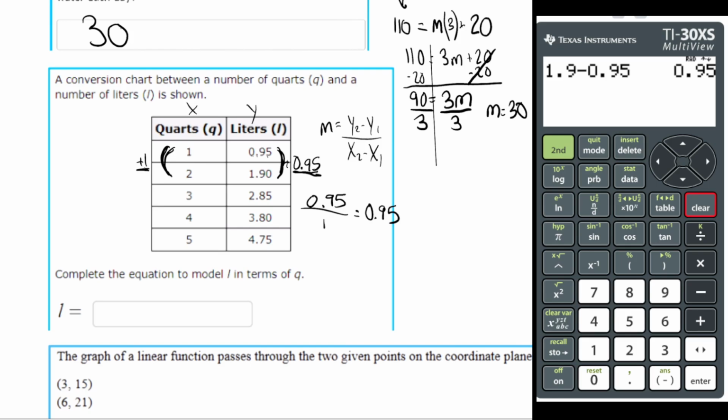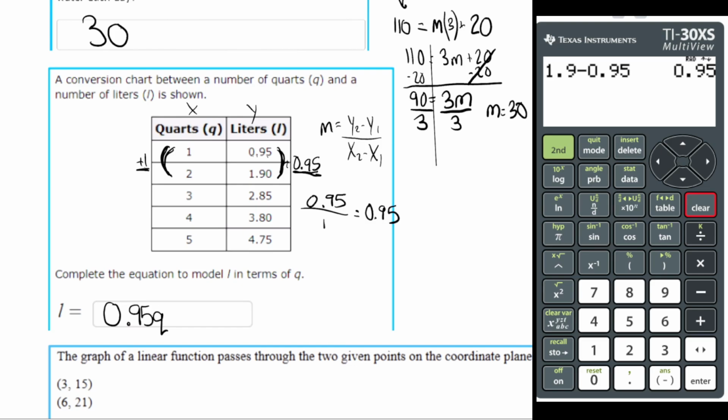And we're going to write this as 0.95q. And then we would have to find our y-intercept, our starting value. You can kind of infer it from what this problem is telling you, because if you have no quarts, that means your cup is empty. Therefore, you wouldn't have any liters either.